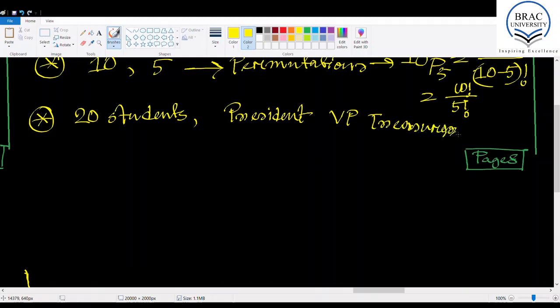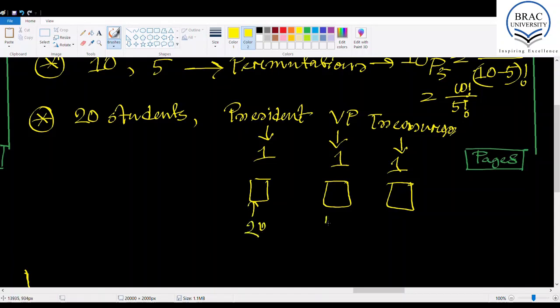So one president would be there, one VP, and one treasurer. So in how many ways can he form a committee out of these 20? And see, there are 3 different slots. For the first slot there are 20 options, for the second slot there are 19 options, and for the third slot there are 18 options.